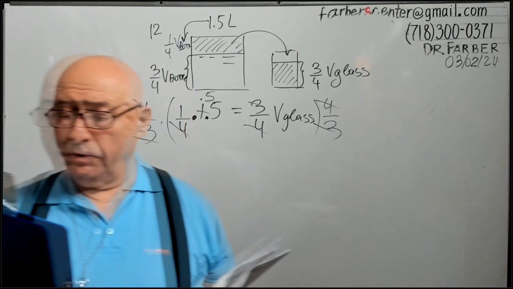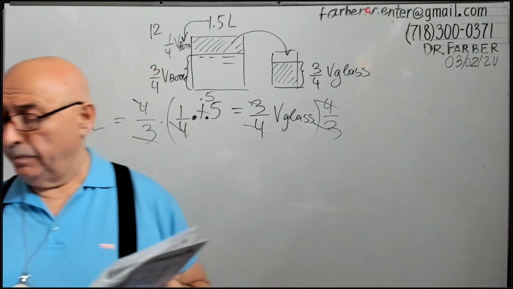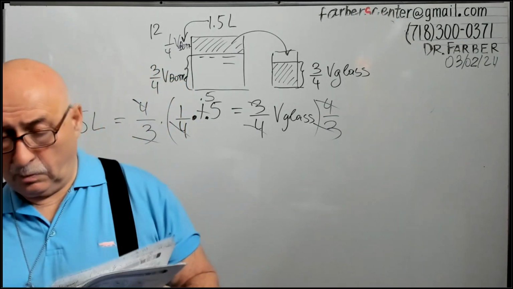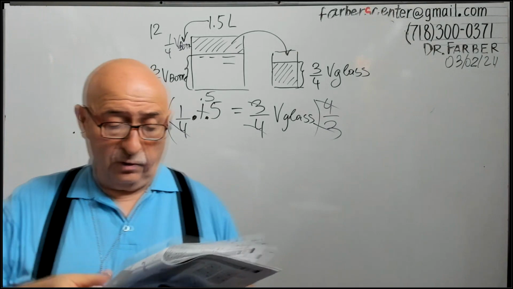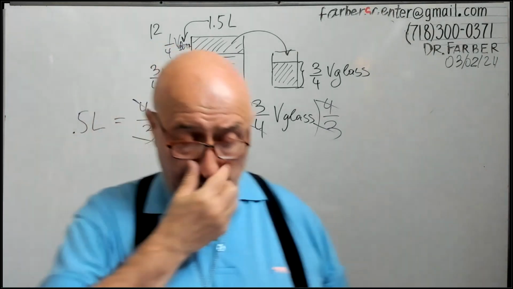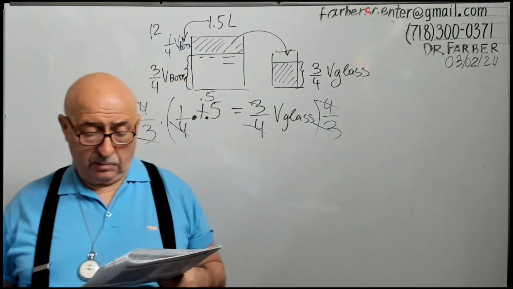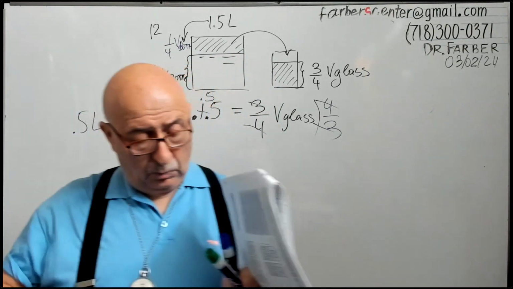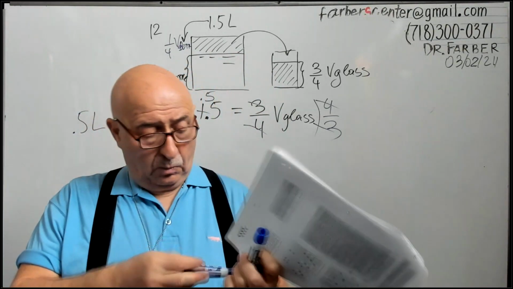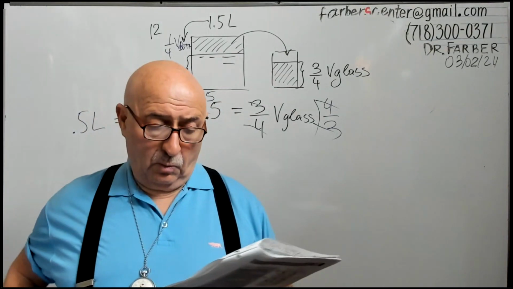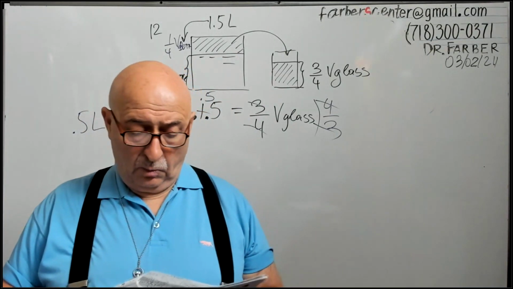Alyssa, 14, please. A car travels 180 kilometers from A to B at 60 kilometers per hour and returns from B to A along the same route at 90 kilometers per hour. What is the average speed in kilometers per hour for the round trip?